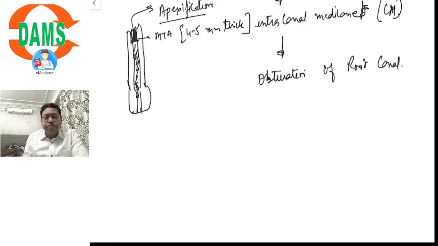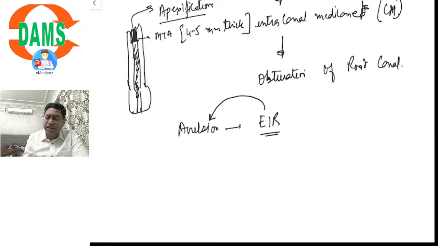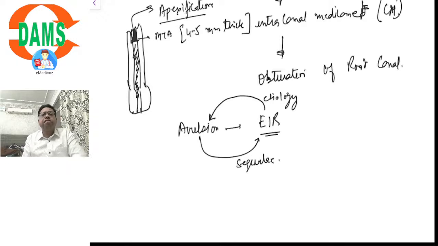A reverse question that can come is, what is the most common sequela of avulsion? External inflammatory resorption. And what is the most common etiology of external inflammatory resorption? Tooth avulsion. Okay, this is the etiology and this is the sequela of avulsion.